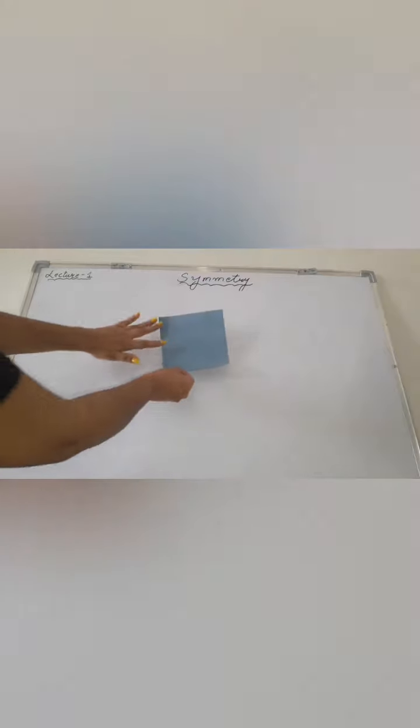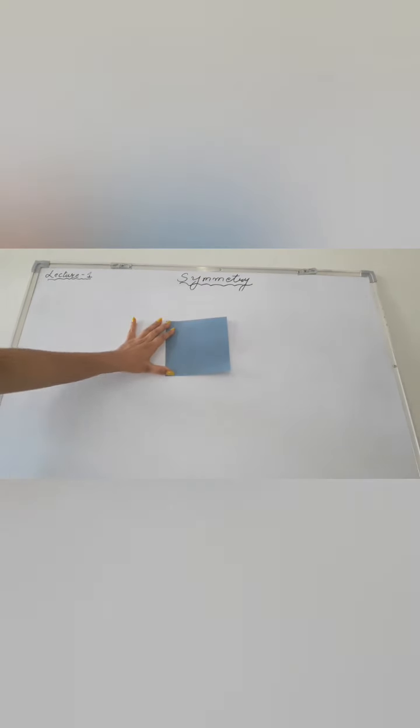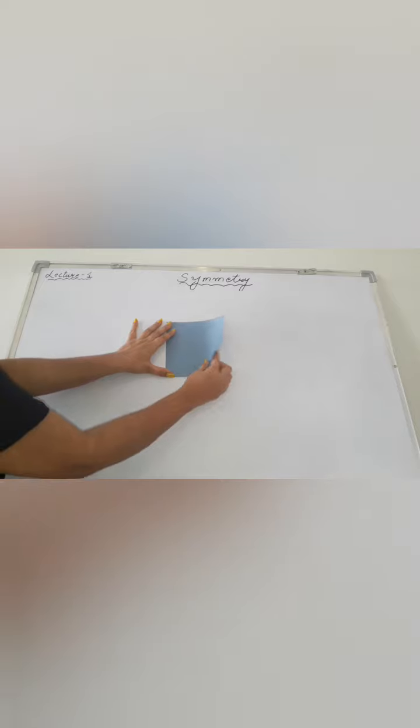Now let us talk about some geometrical shapes. As you can see, I have taken this square shape paper. Now, can you tell me how many lines of symmetry can be made from this square? Let us see.